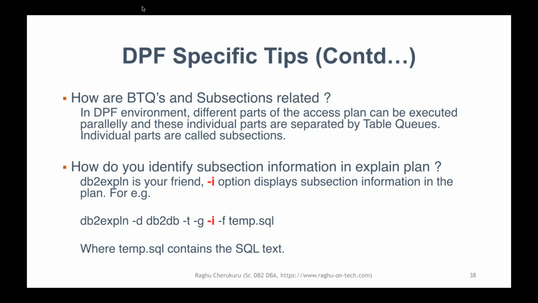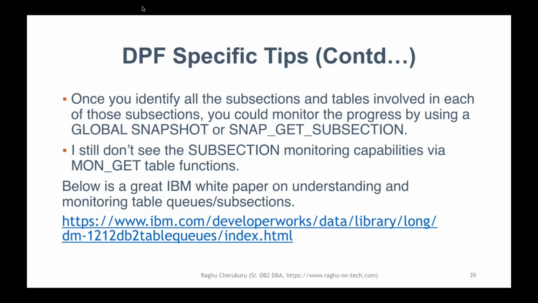And then when you run a global snapshot or use a snapshot subsection monitoring table function, you could correlate, okay, this subsection is actually this table queue, and this is sending the data from this table to this table. So maybe that way you could identify where the bottleneck is.